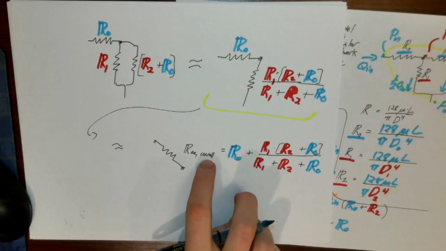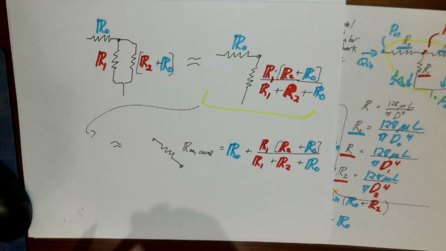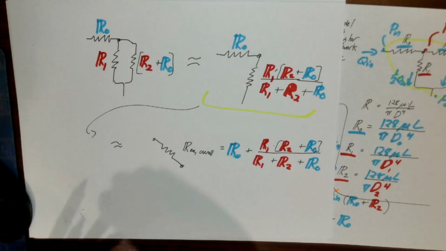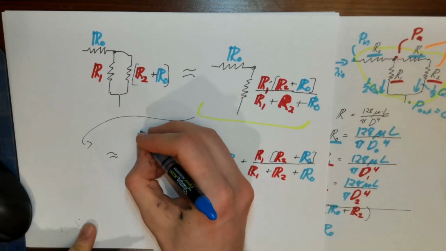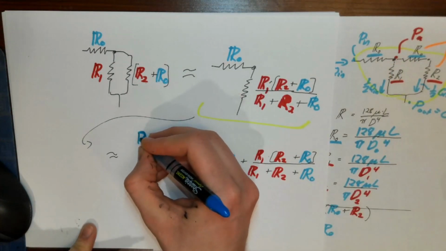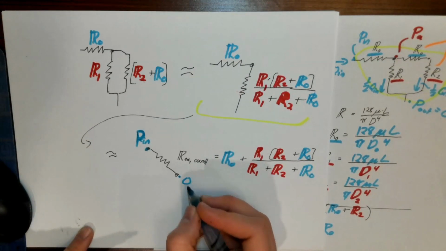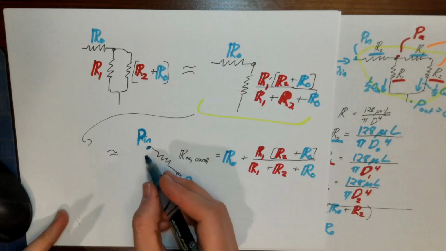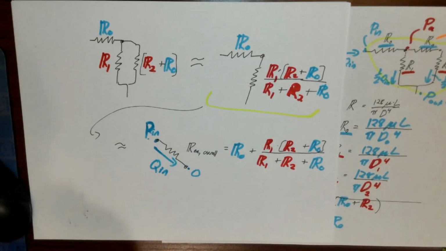So what does this mean? We now have an equivalent resistance overall, and if you remember, we have P in right here and 0 pressure right here, and the flow rate is Q in.